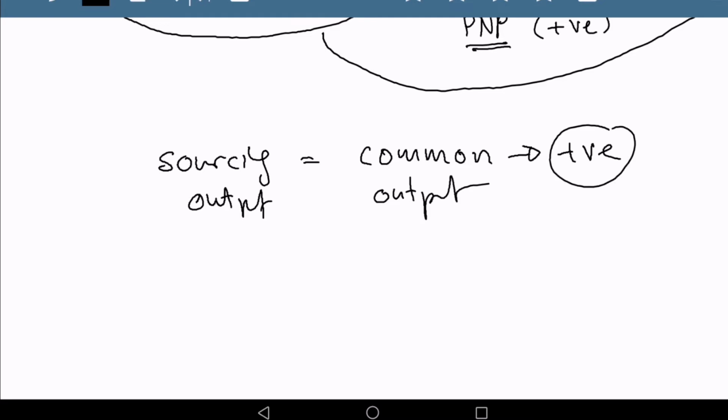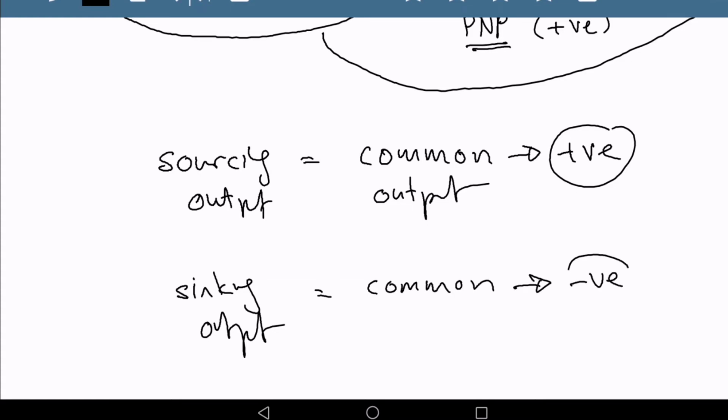That is sourcing. If it is syncing output, common connected to negative. Okay, so that is sourcing output and syncing output.